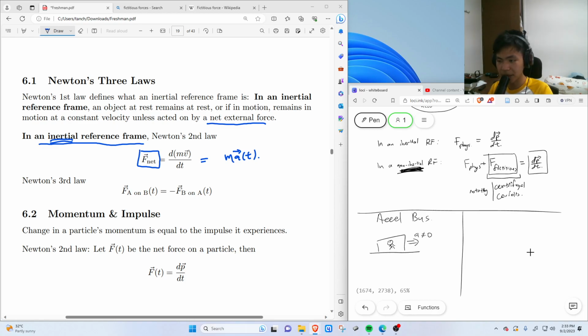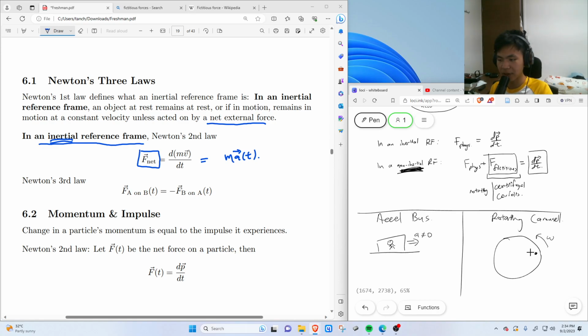The next example would be a carousel. In a rotating carousel, you're sitting here on your seat, and you feel like you're being flung outwards. The reason you feel that is because you're rotating at some constant angular velocity omega.